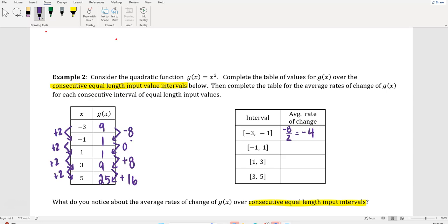And then I'll have 0 over 2, which is 0. I've got 8 over 2, which is 4. And I've got 16 over 2, which is 8.